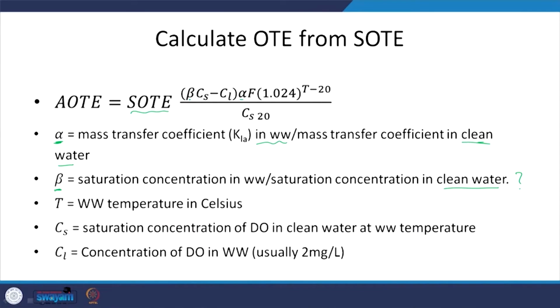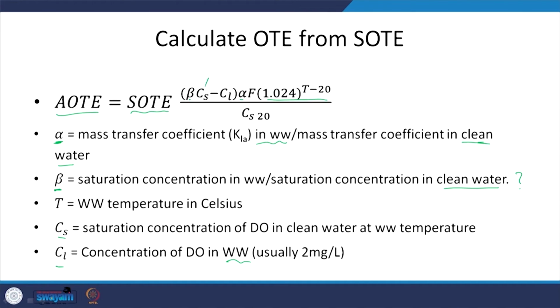So, you will have another correction factor for it. And this is the correction factor for the temperature. CS is the saturation concentration of dissolved oxygen in clean water, and CL is the concentration of DO in wastewater, which is the actual concentration in your wastewater. From that you can calculate your actual oxygen transfer efficiency.